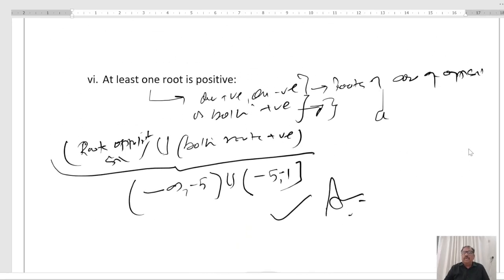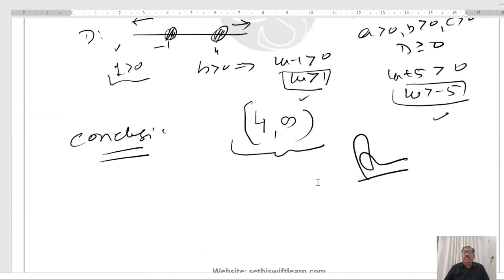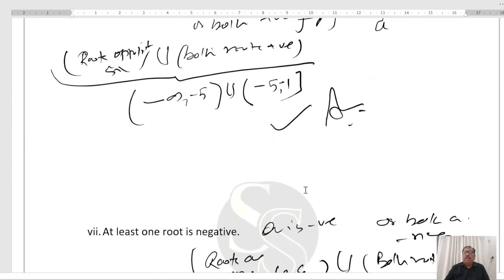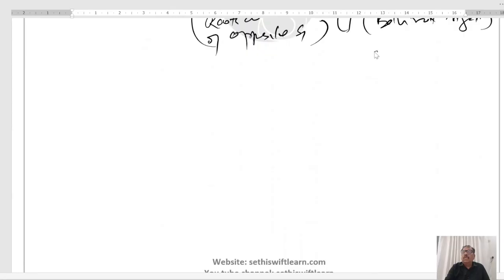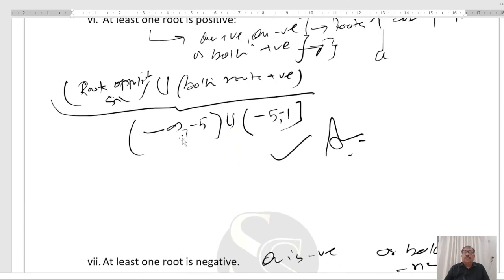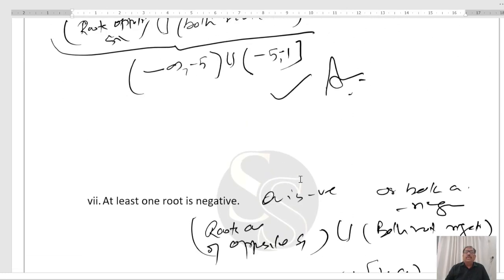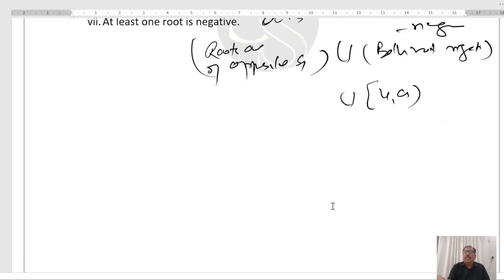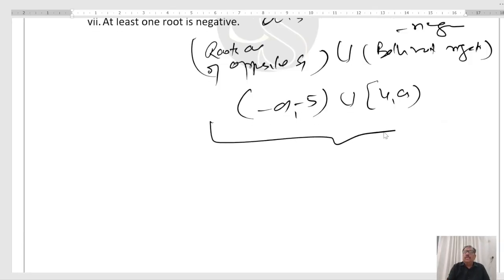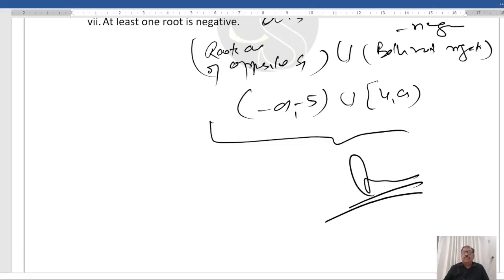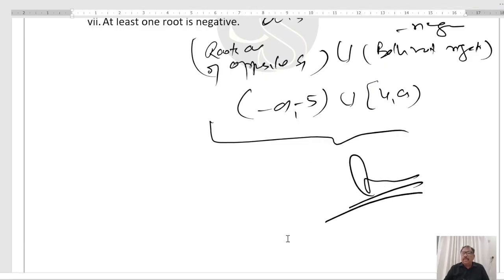Both roots negative we gave you just now, 4 to infinity, union both roots opposite sign, minus infinity, minus 5. This is the answer. All the 7 parts have been discussed in detail, right?